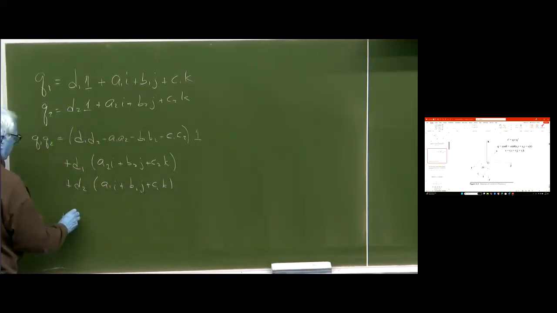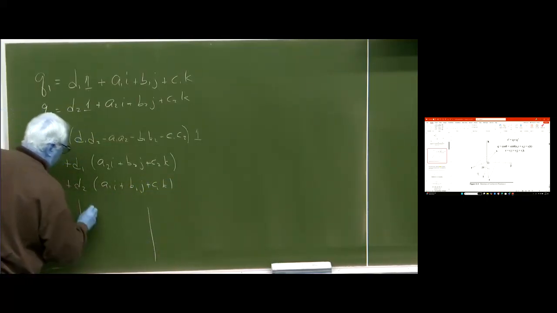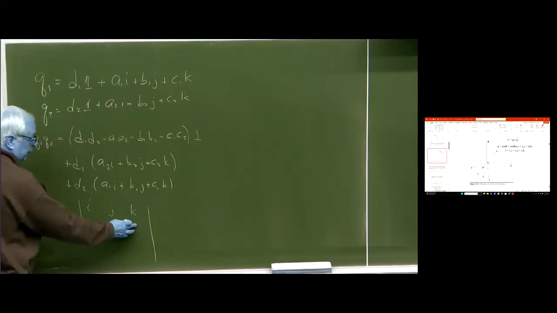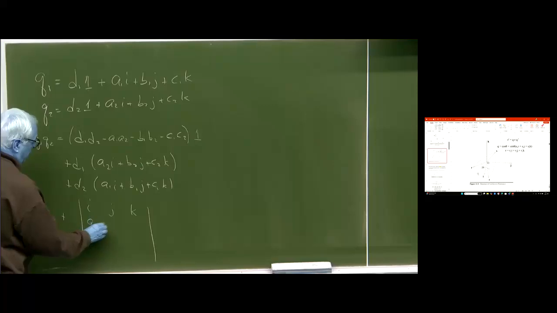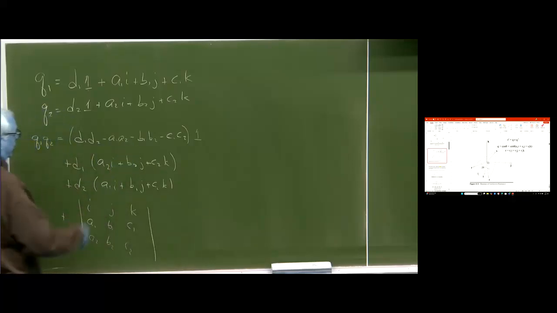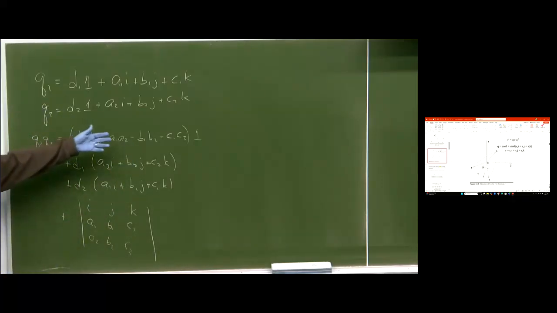And then the last part was easiest to remember from this determinant. Put these quaternions I, J, K, then put the vector part of the first one, A1, B1, C1, and then the vector part of the second one. And again, if you work all that out, you're going to get something times quaternion 1 plus a bunch of stuff times I, a bunch times J, and so you get a quaternion.